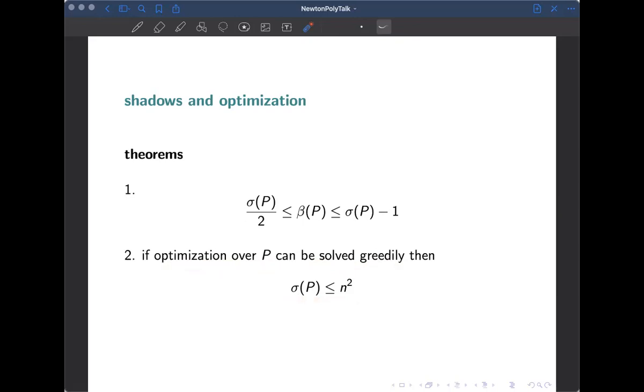So an easy polytope in the sense of a greedy algorithm yields small shadow complexity. And because the optimization problem over the hypercube can be solved greedily, this implies that the shadow complexity of the hypercube is small.